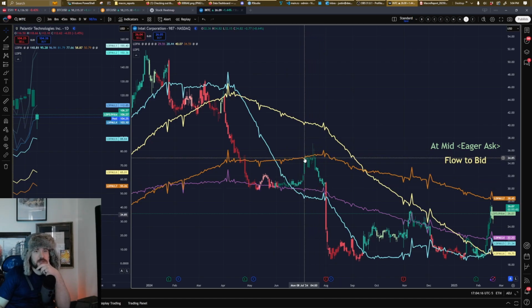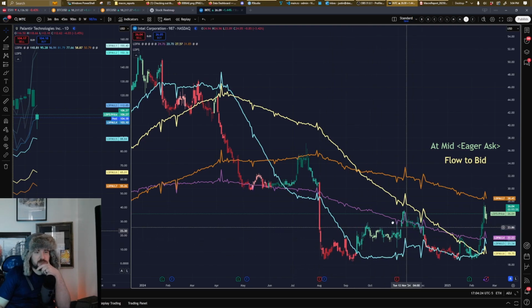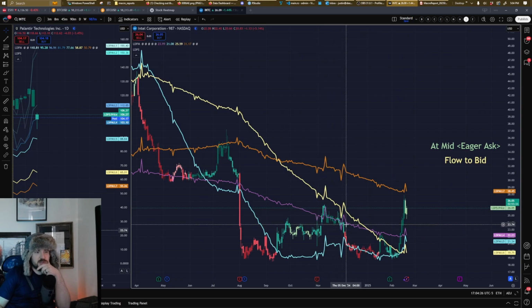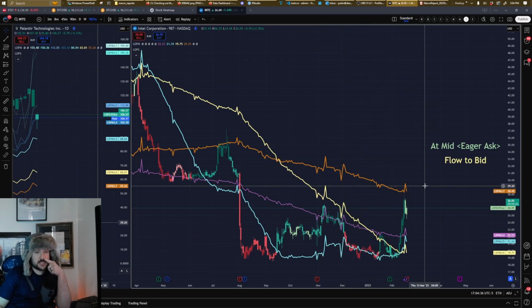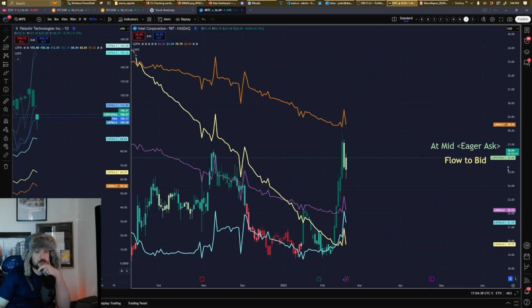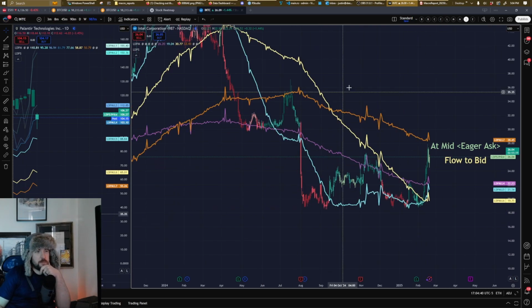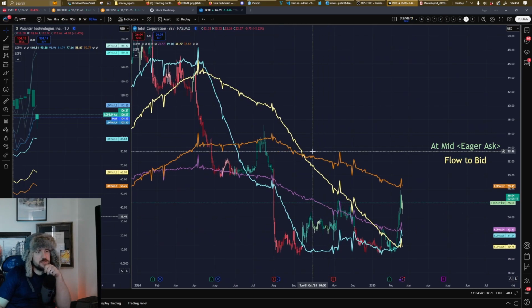It tests LDPM 7, fails hard. LDPM comes down, gives a nice organic bid. We now test LDPM 8 again, fail. And now it looks like we're testing LDPM on our way to test LDPM 7. What a mess.